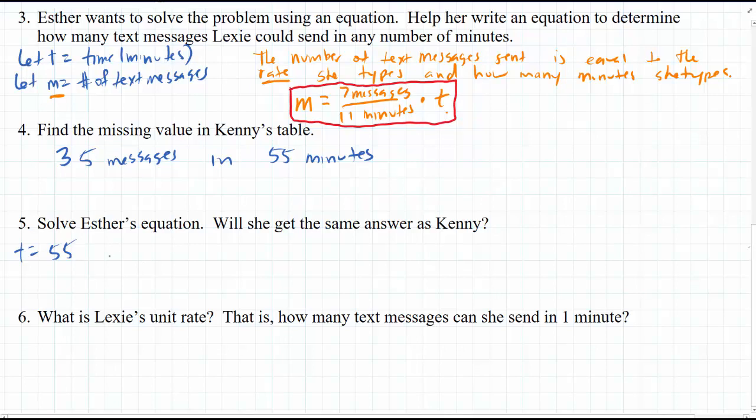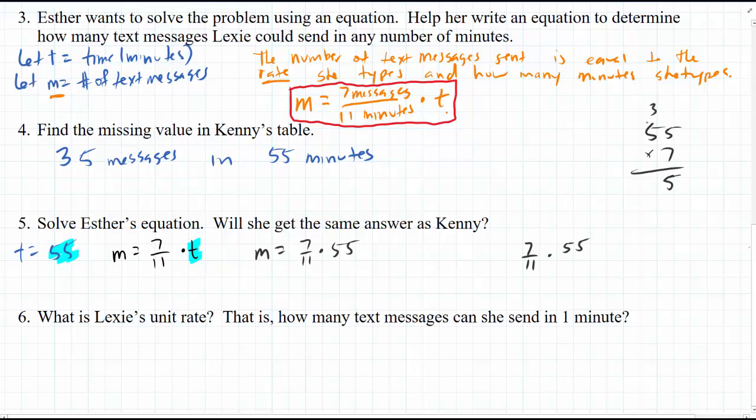I'm going to go ahead and rewrite the equation Esther came up with. m equals 7 over 11. I'm not going to write messages over minutes, times t. Okay, we are going to go ahead and substitute t for the 55. So I'm going to rewrite this as m equals 7/11 times 55. Now let's go ahead and figure this out. 7/11 times 55. Let's see, 55 times 7. 5 times 7 is 35, plus 3 is 38.